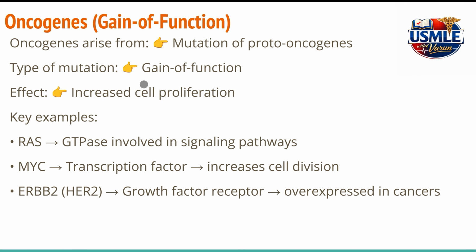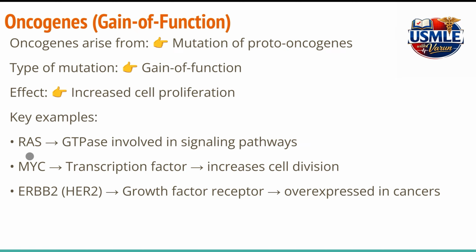Now let's try to understand oncogenes in simple terms. Proto-oncogenes are normal genes that help the cells grow and divide. When these are mutated, these proto-oncogenes turn into oncogenes. This mutation makes them overactive, even when the body doesn't need that amount of growth. For example, RAS is a signaling protein.